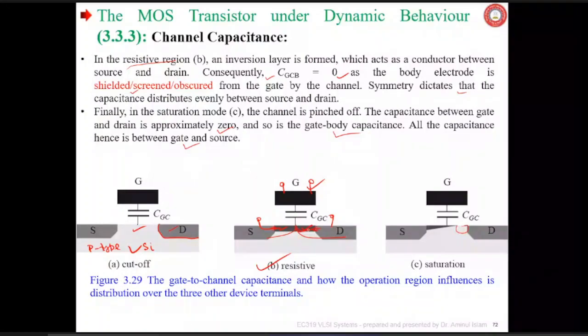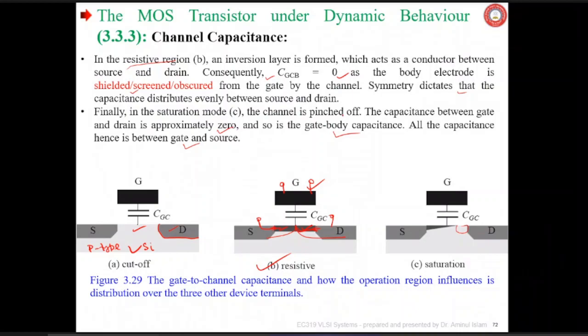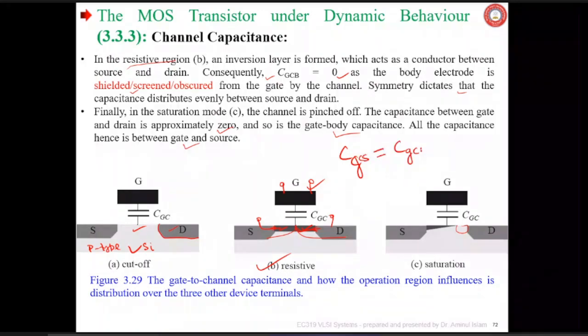This bottom plate, from here to here, is divided equally, and hence the capacitance CGCS equals CGCD. They are equal.